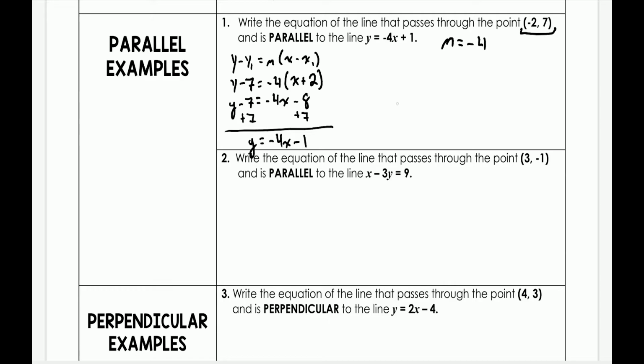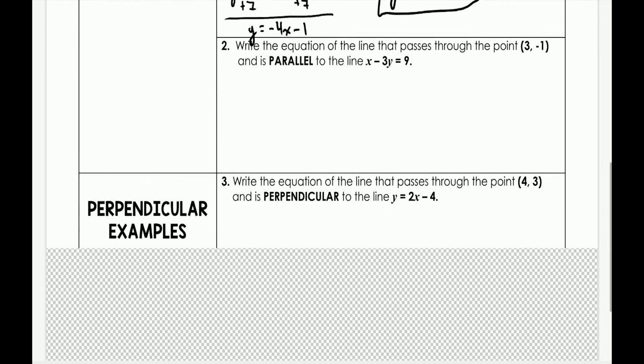So the equation for our parallel line to y equals -4x plus 1 is y equals -4x minus 1. And this is the equation of the line that is parallel to the line y equals -4x plus 1.